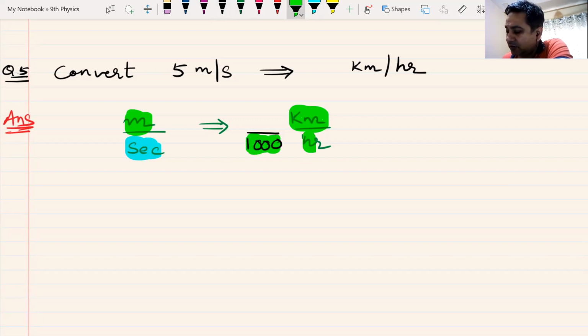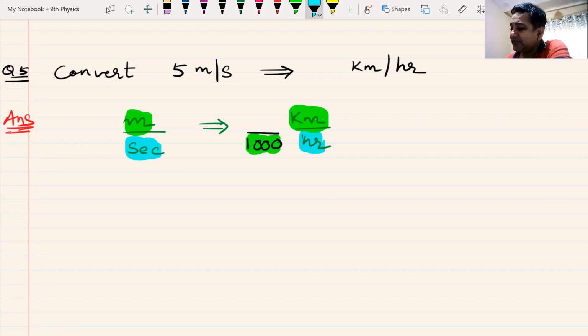Then you convert second into hour. Remember, second is in the denominator. So second into hour, if you have to convert, you will divide it by 3,600, yes or no? So you have to go into denominator and divide it by 3,600.